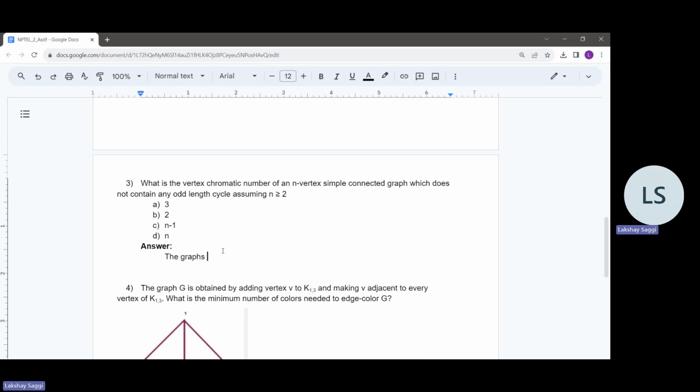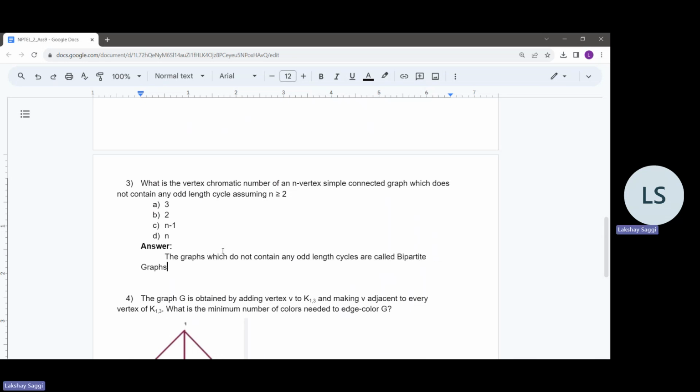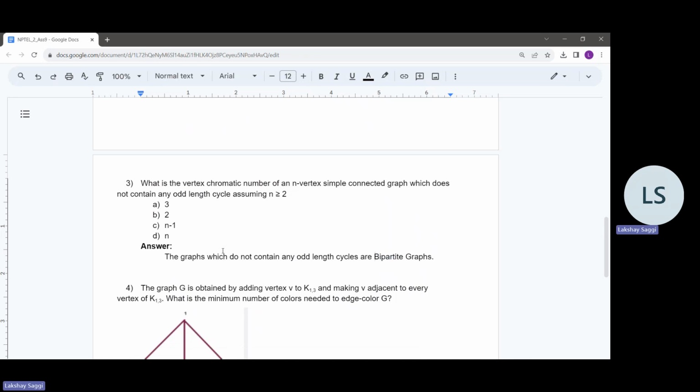So let me just discuss the answer. The graphs which do not contain any odd length cycles are bipartite graphs.